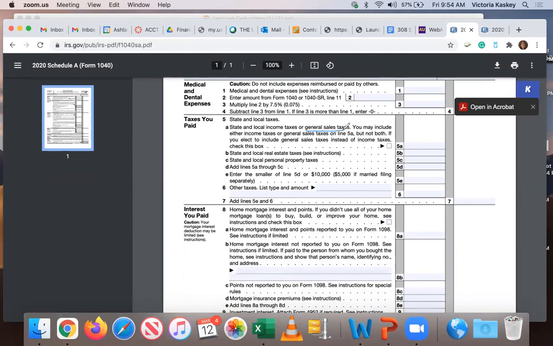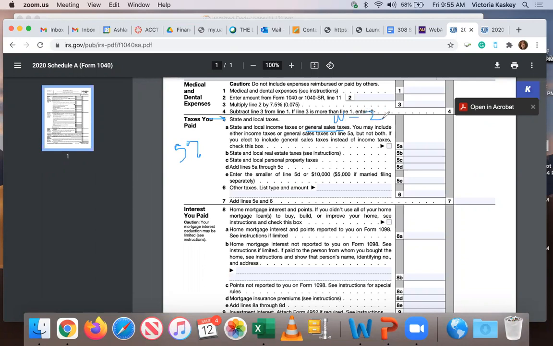And just as a reminder, sales tax is the tax that you pay when you buy things, right? You go to Target, maybe it's 5%, in certain counties, it's by county, and you pay a percentage on everything you buy. Notice what's going on here. State and local income taxes. This comes from your W-2, right?